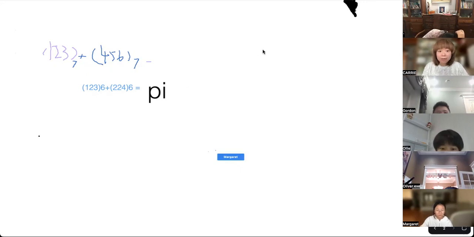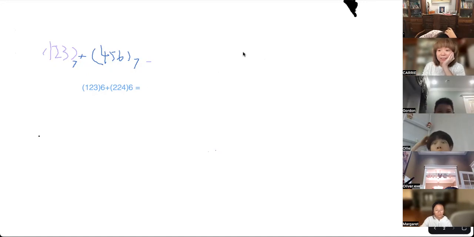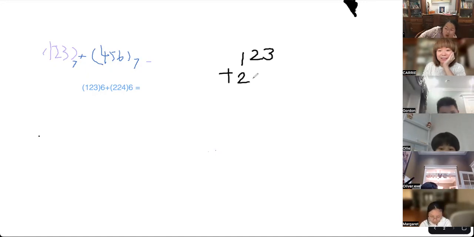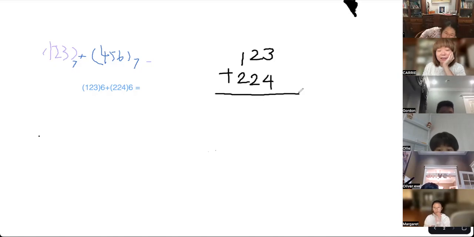Okay, so everybody, let's see. Someone said these two add up to pi? Who said it? Ollie is still very kind, a kind little girl. This is a very easy question, okay?